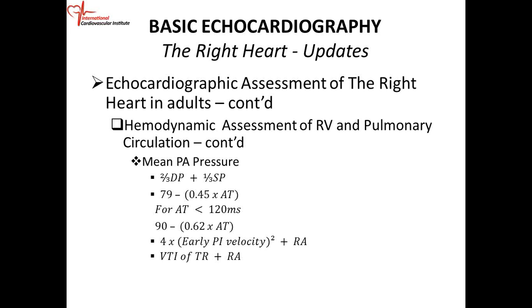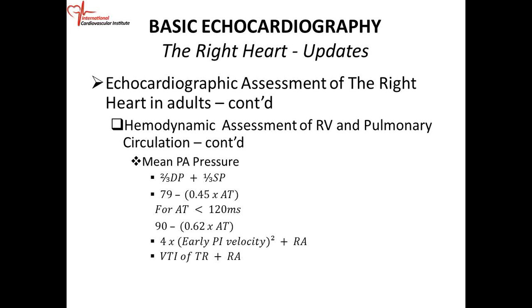Or you can determine the mean PA pressure by using the early PI velocity. Remember, when we have PI, you have an early velocity and an end or a late velocity. So 4 times the early velocity squared plus right atrial pressure will give you the mean PA pressure. All right, so the methods that you should remember are the 2/3 diastolic pressure plus 1/3 systolic pressure.